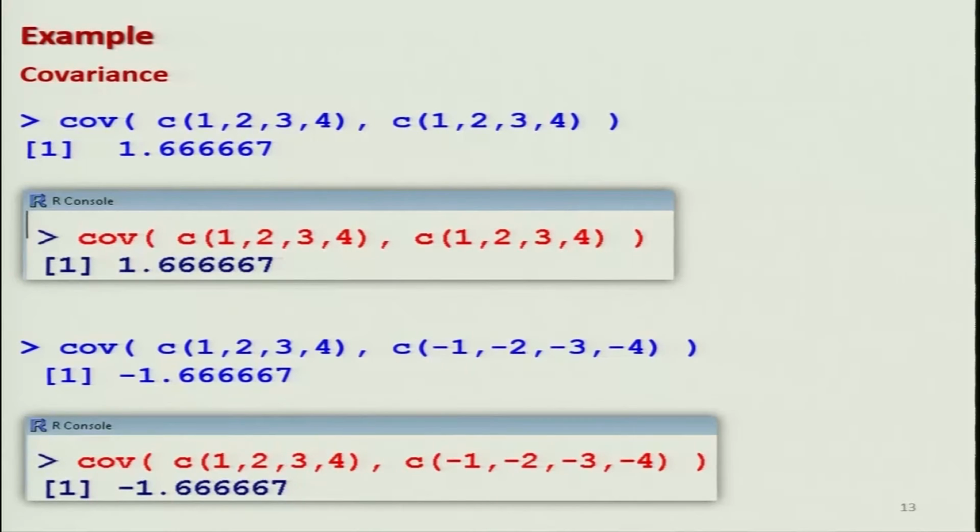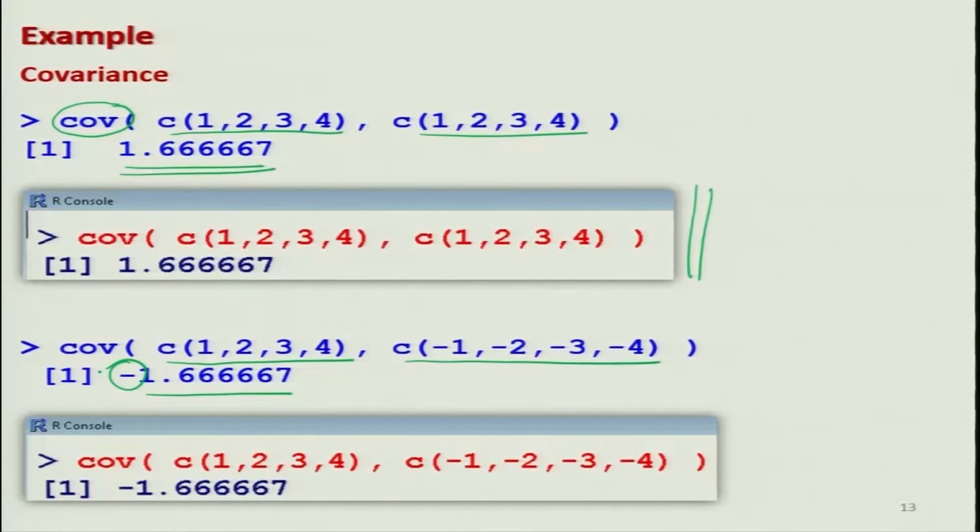Now, I will try to show you something. If you take two data vectors, 1 2 3 4 and 1 2 3 4, and find the covariance, you can see the value comes out to be 1.66, and this is the screenshot. And if you take the first data vector with all positive values and the second data vector with all negative values, -1, -2, -3, -4, you can see the magnitude remains the same at 1.66, but the sign is now negative.